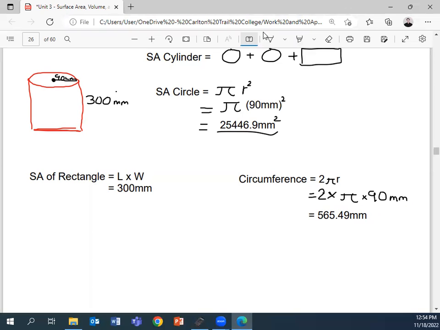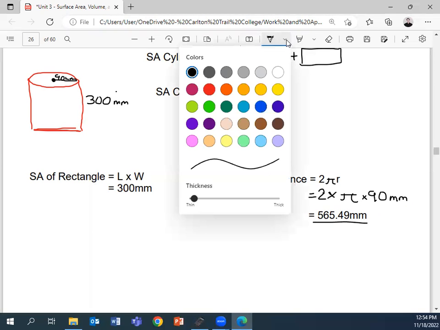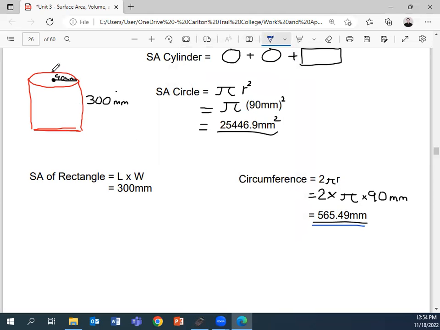Okay. So what do I do with this circumference now? The circumference is going to be what I'm about to highlight in blue. This is the circumference, what I'm drawing in blue up there. So imagine this is a nice perfect cylinder. This is the circumference, right? I unfurl it out, my rectangle.